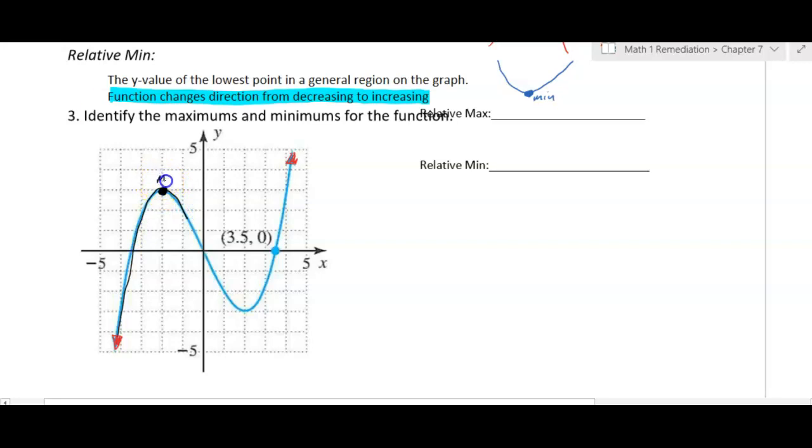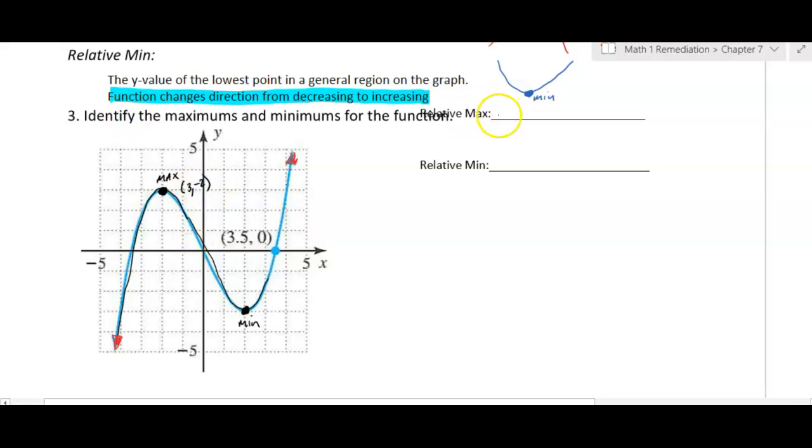But what we do say is this here, when this graph goes from increasing to decreasing, or it's the top of a mountain, we would say that's a relative max, right? And then as it's decreasing and switches over to increasing, we're at the bottom of this hill, and this would be a relative min, right? So the relative max here is going to be 3 when x is -2.